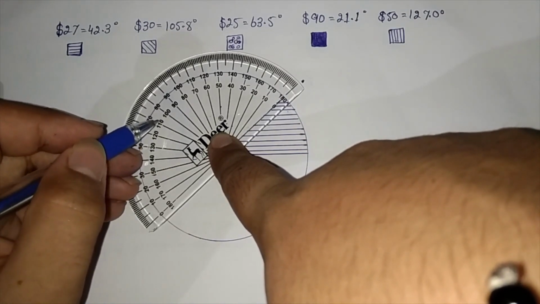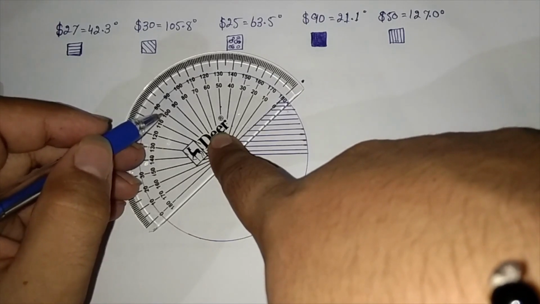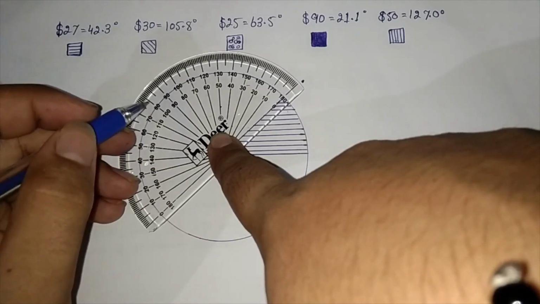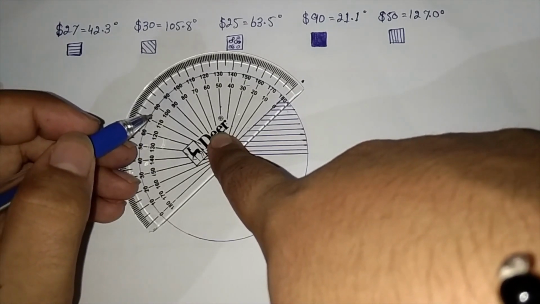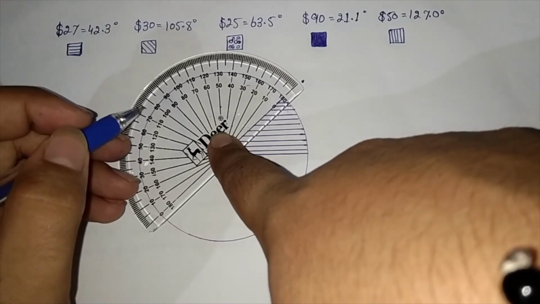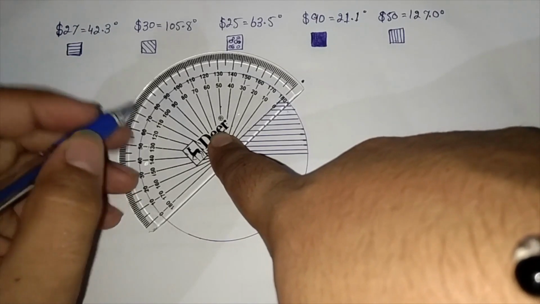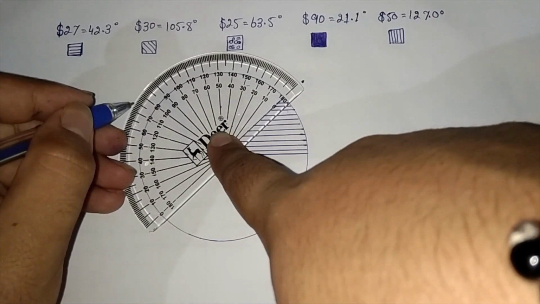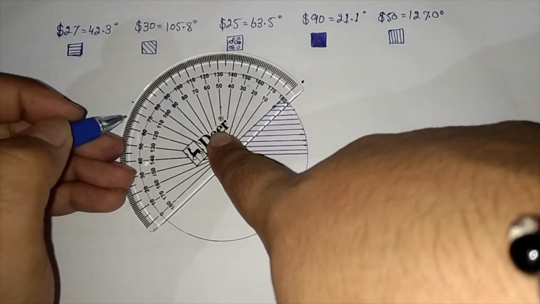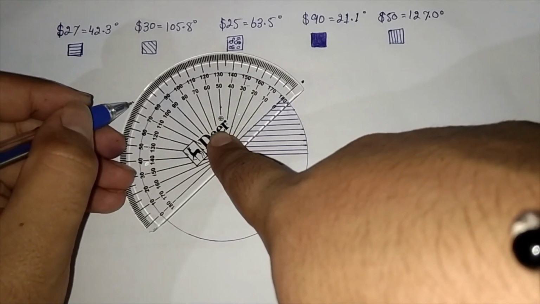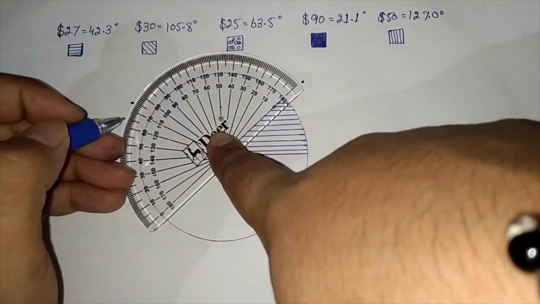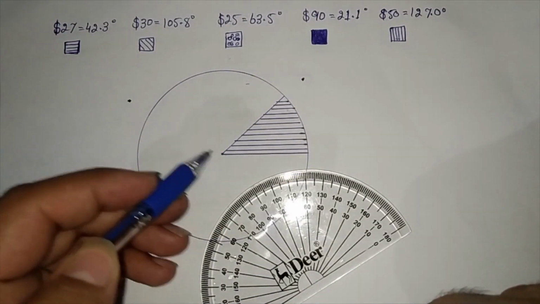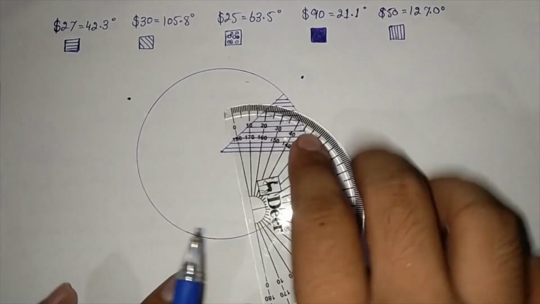You can see here we have 110 and 100, so the midpoint of these two points will be equal to 105 degrees, which is this large line. We have to draw 106, so here we have 106. Clear? From this line up to this, we have 106 degrees. So let's join.